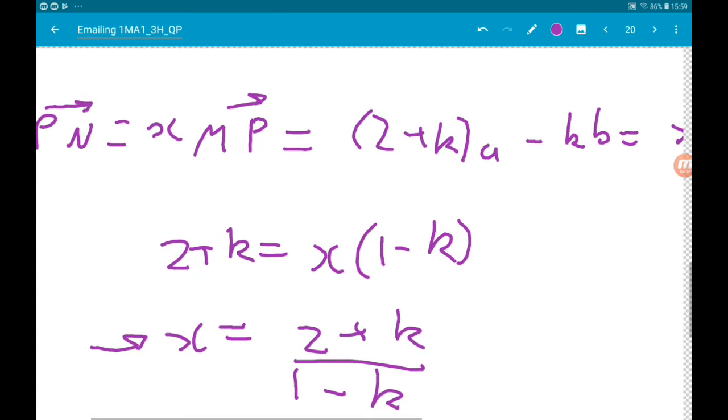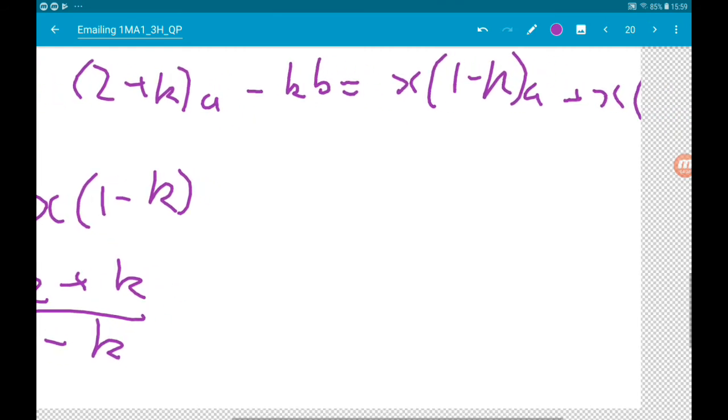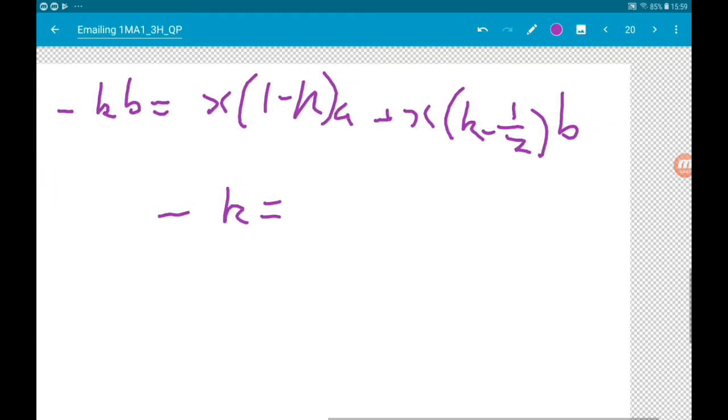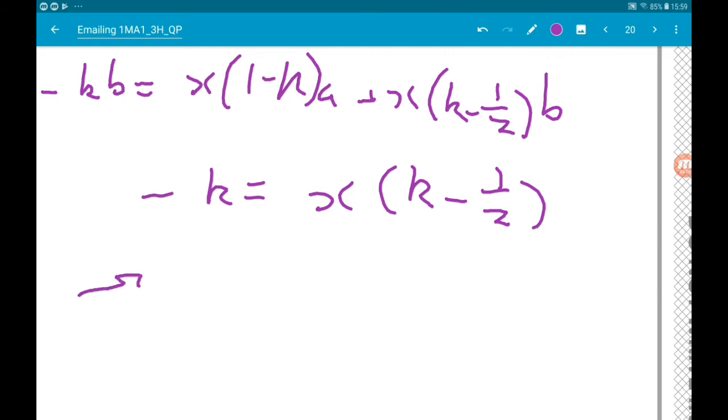Now, if we do the same for the b's, we can say then that minus k is equal to x times k minus 1/2. From that, we can get that x is minus k over k minus 1/2.